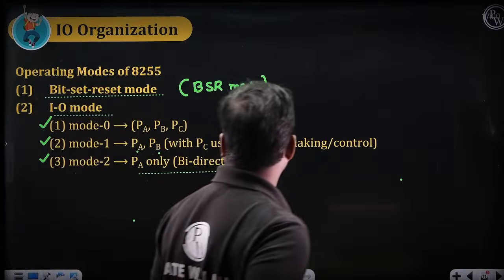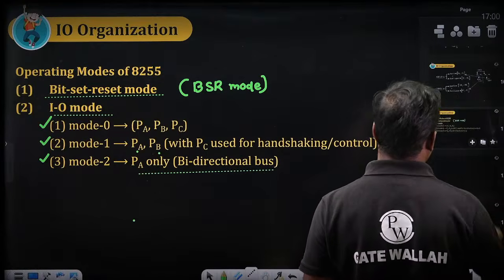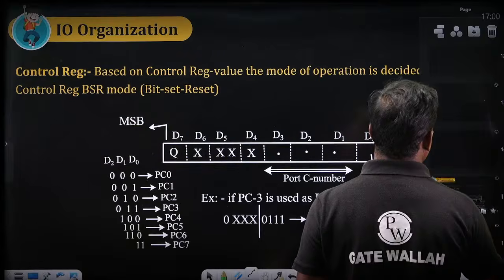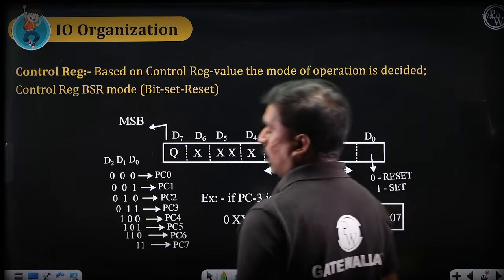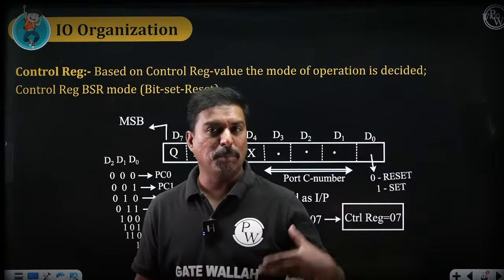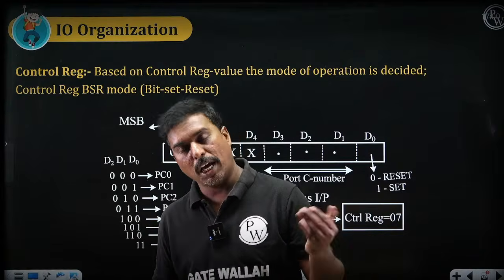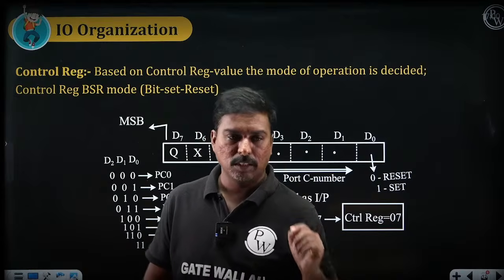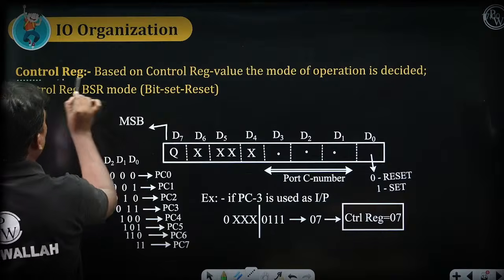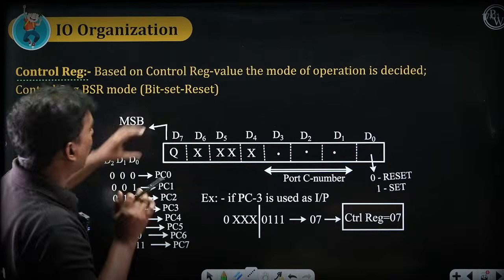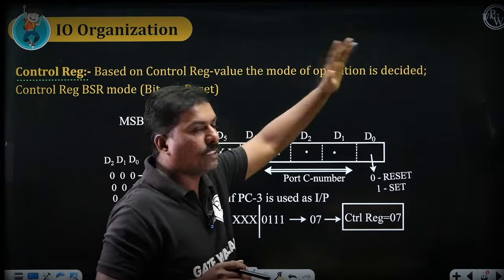Done. Now whether the 8255 is working in bit set reset mode or IO mode is decided by one register. That register is called the control register. So based upon the control register value, the mode of operation is decided.